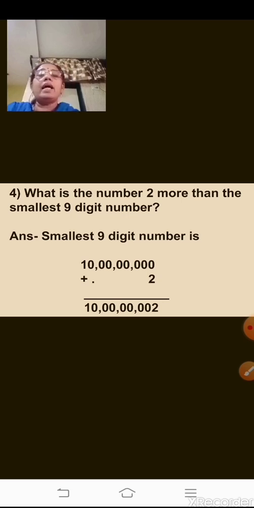But here it is written as 2 more than the smallest 9-digit number. So to this smallest 9-digit number, that is 10 crore, you will add 2. So when you add 2, you will get the answer as 10 crore 2. So you read the question, whether it is more than or less than.